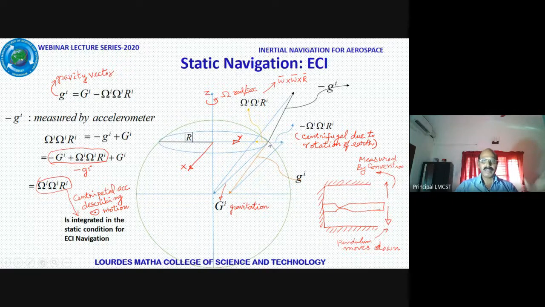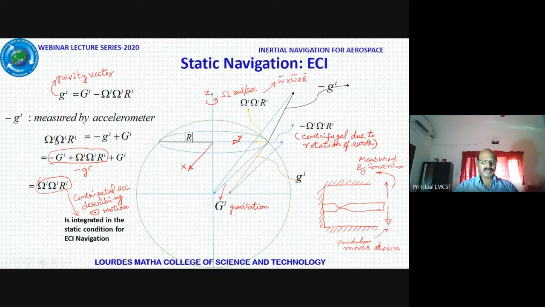But the ideal value is supposed to be 0 along this direction, but x and y will keep changing as you move along the circle. So what is shown here is simply that the gravity vector is the vector sum of the gravitation and the centrifugal, and the measured gravity vector is just opposite of this one, and the measured one plus the gravitation gives this positive omega square r.